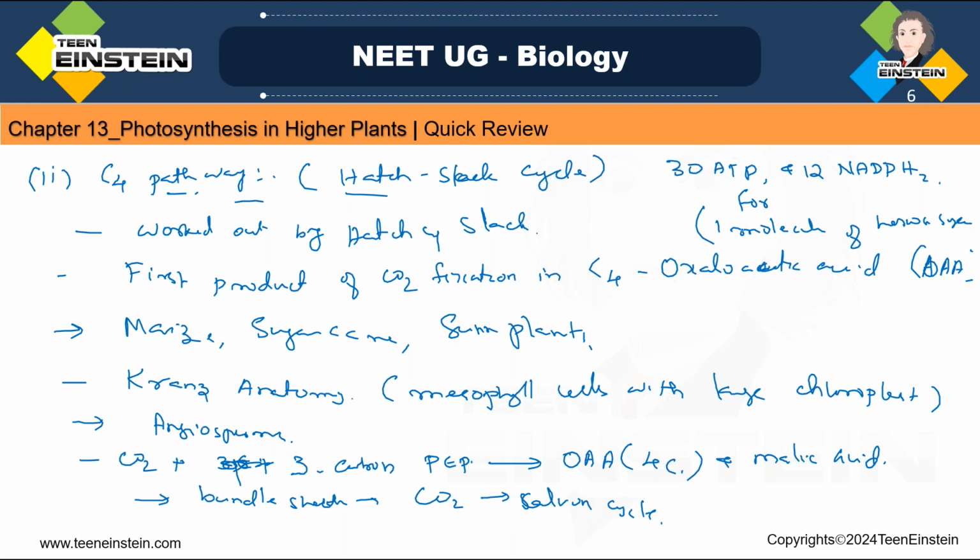That is 30 ATP plus 12 NADPH2 for one molecule of hexose sugar. So this is repeated several times. So in the C4 pathway, what is the energy expense? And in the C3 pathway, what is the expense? Everything you need to learn.